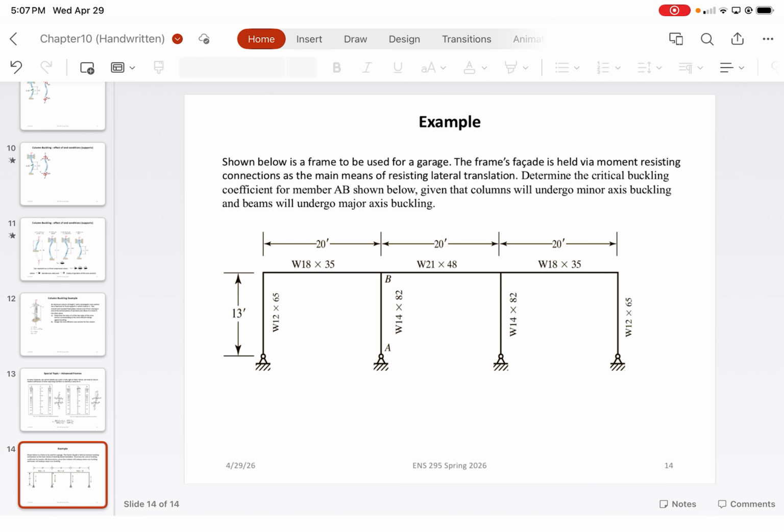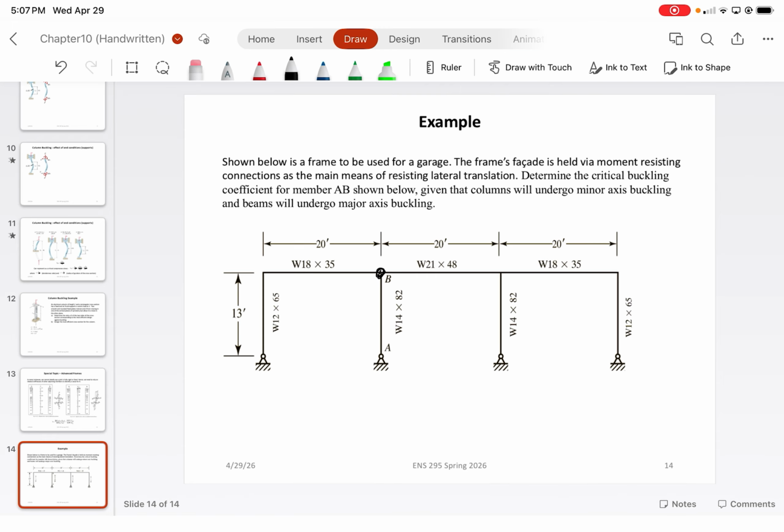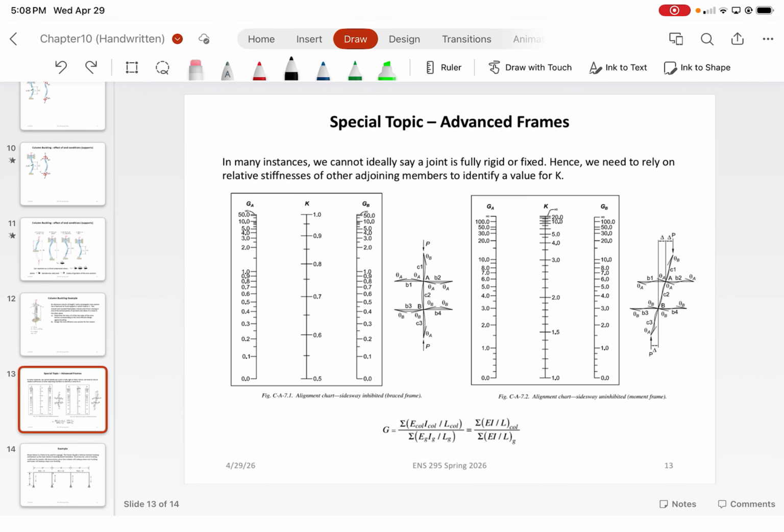All of these are different members, and as we can likely see, there isn't exactly a hinge here that we would consider ideally pinned, because there's going to be some resistance, but at the same time it's not going to be entirely fixed. So it's going to be somewhere in between. The idea is, how do we determine the correct K value? What we want to do is ultimately use this equation down here. And this equation, defined as G, gives relative stiffness terms.